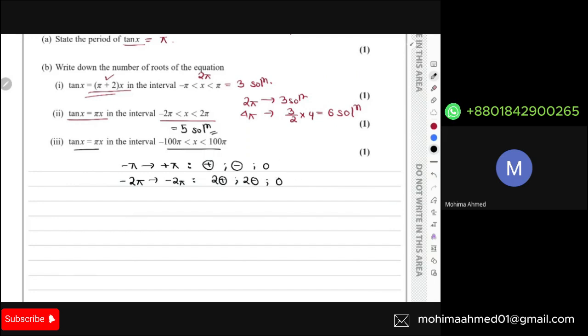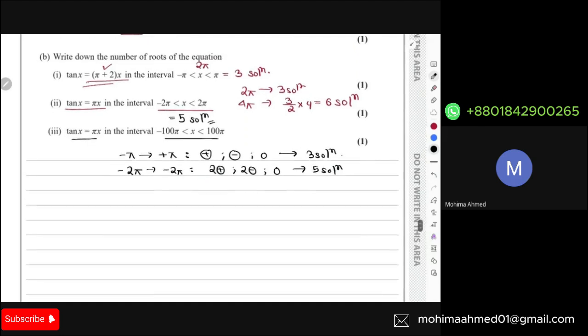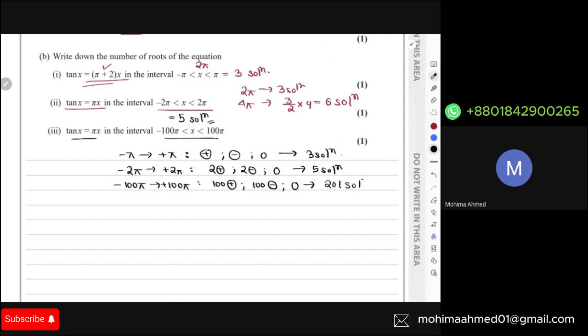So that's how you end up getting five solutions, and that's how you end up getting three solutions here. And finally, if you want to find out for negative 100 pi to positive 100 pi, you are going to get 100 positive solutions, 100 negative solutions, and one zero solution. Exactly at zero they're going to intersect, and that would give you 201 solutions, right?